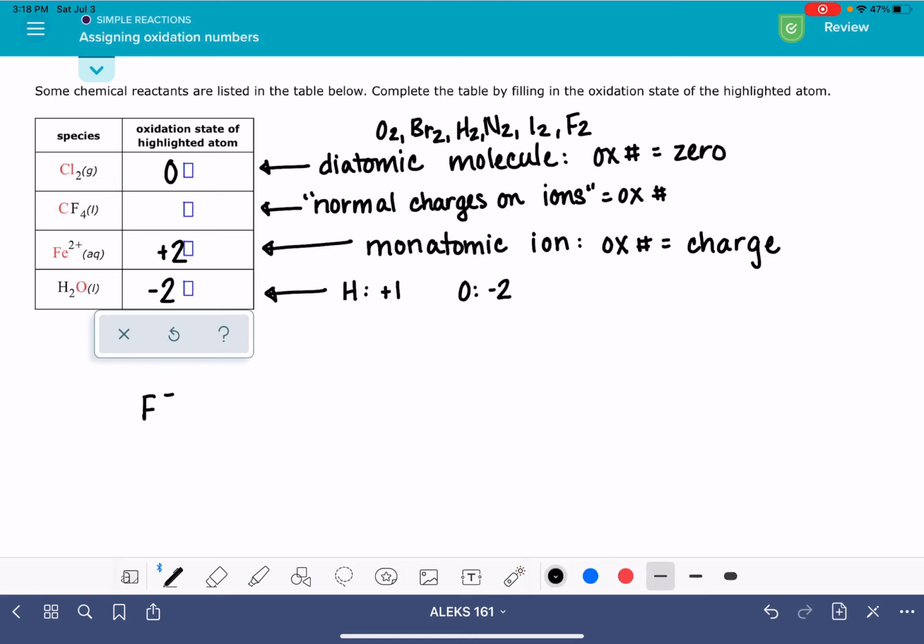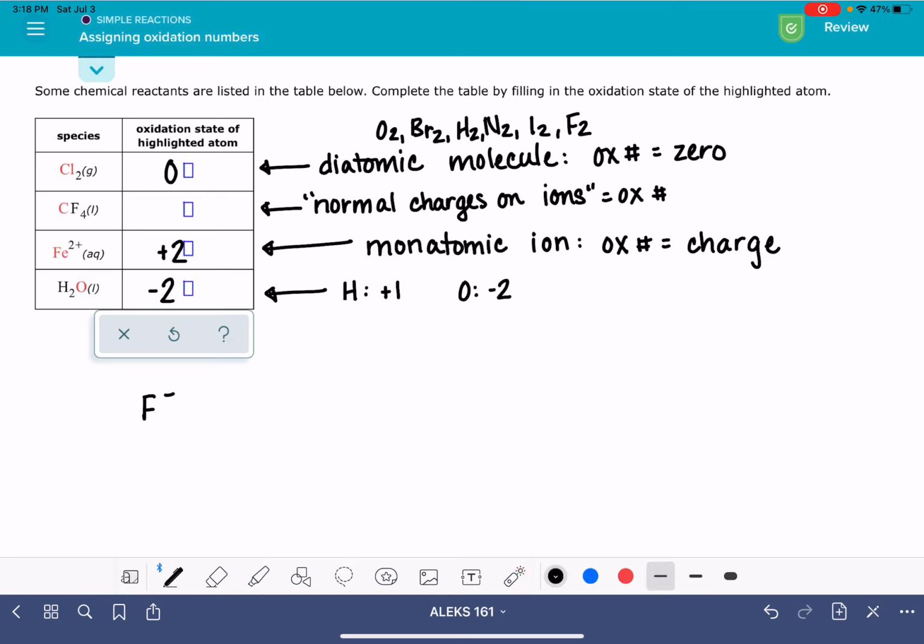And the charge on the fluoride ion is a -1. So in a situation like that, when you can't apply any of these other rules, you can look at these atoms and ask, are any of those atoms things that normally form ions? And if they are, we can make the assumption that the oxidation number is going to be whatever the charge would be if we had a normal ion.